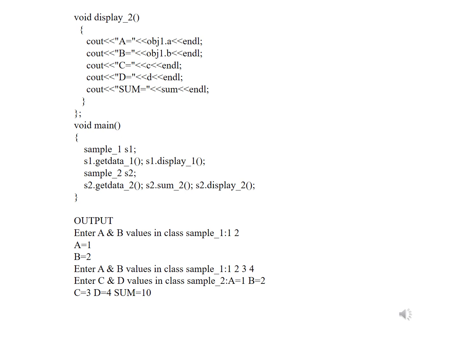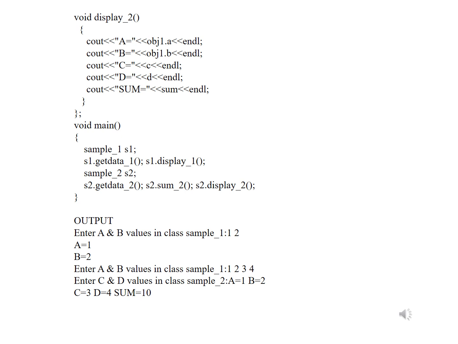So sample1 s1, s1 is an object of sample1, s1.getdata and s1.display1; sample2 s2, s2 is an object of sample2, s2.getdata and s2.sum2 and s2.display2. So close the main function.